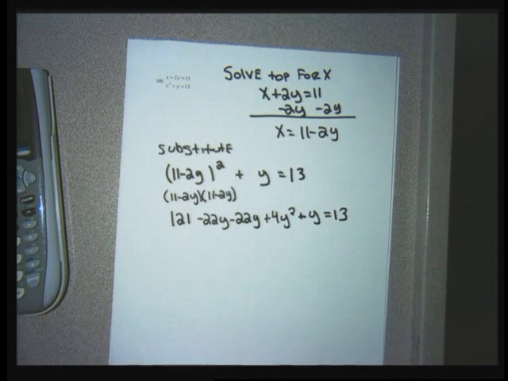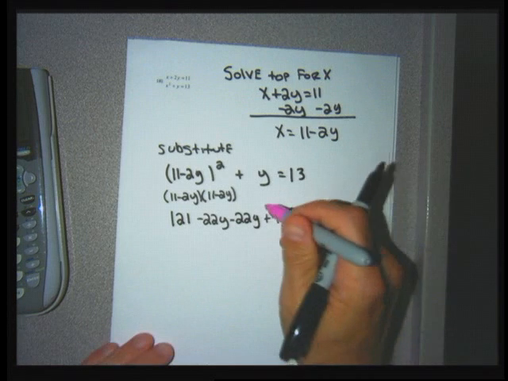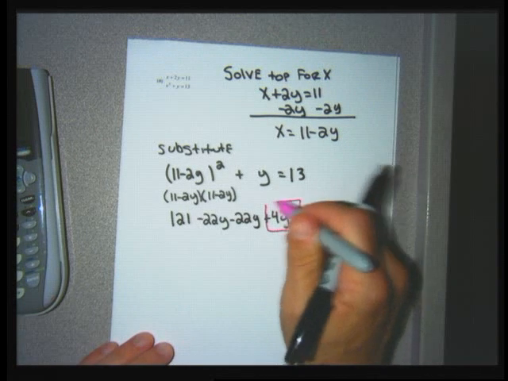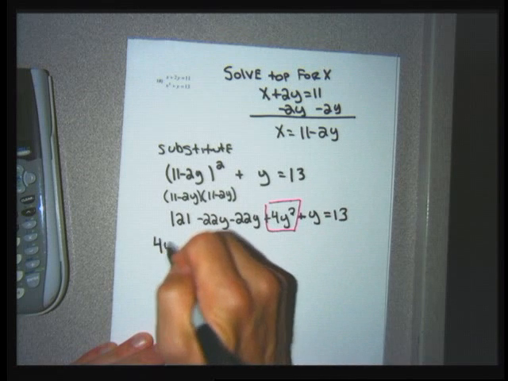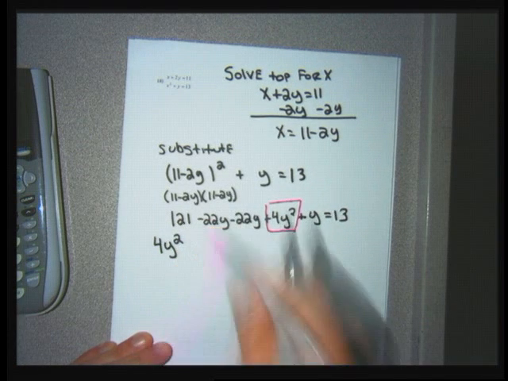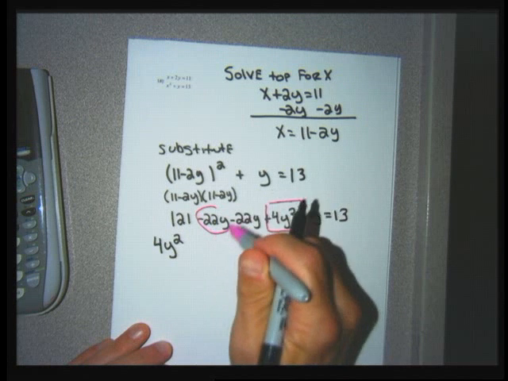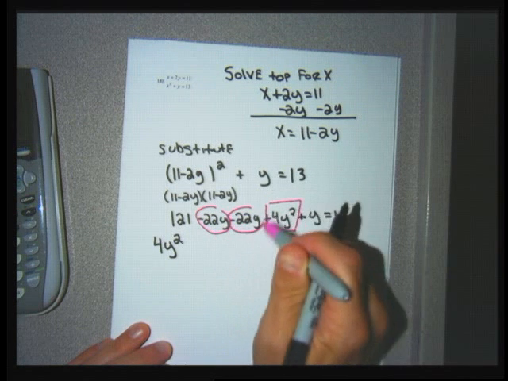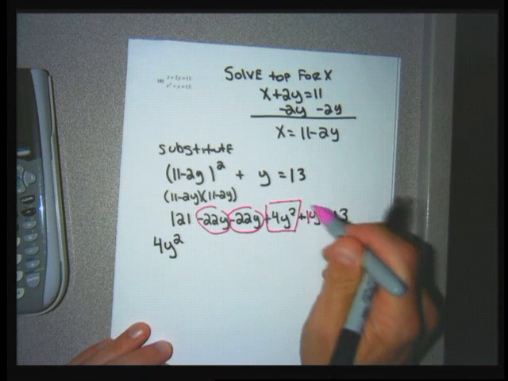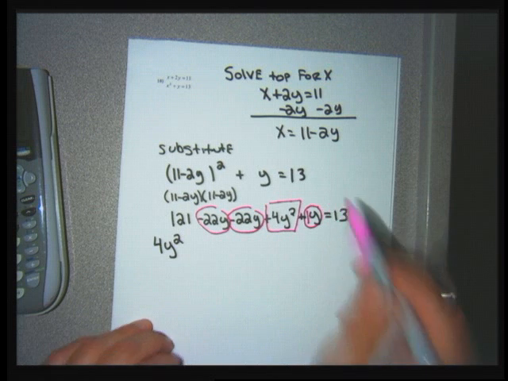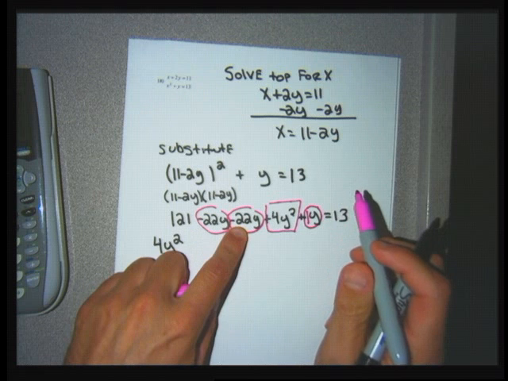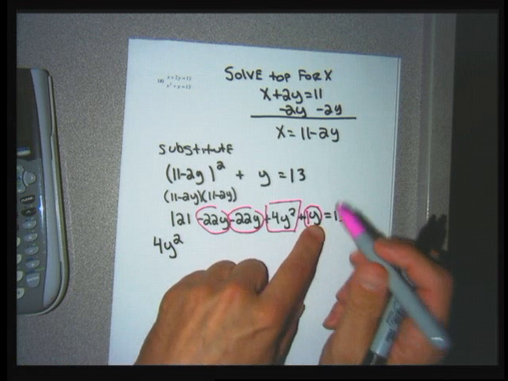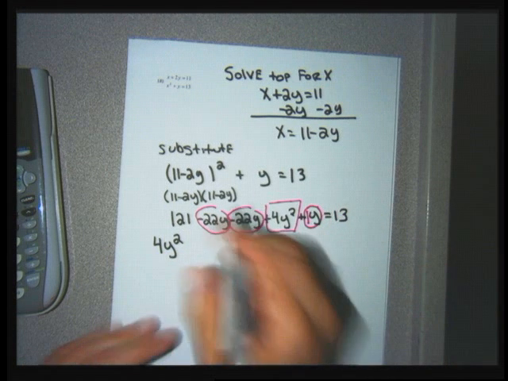To get the problem set equal to 0 and combine like terms, the 4y squared I'm going to write first. It doesn't have anything to combine with it, so it's just going to be part of the left-hand side. And then I have a minus 22y, a minus 22y, and a plus 1y that need to be made into a single y. Minus 22 and minus 22 is minus 44, plus 1 is going to be minus 43y.